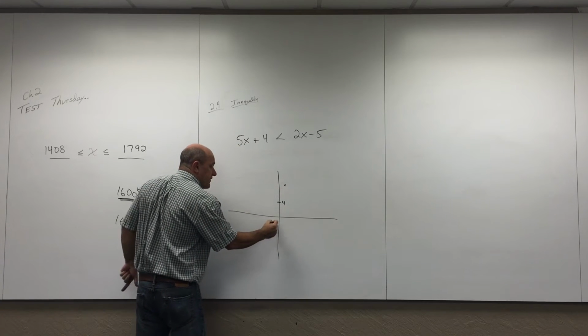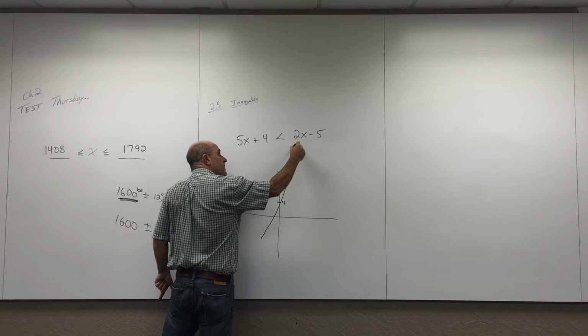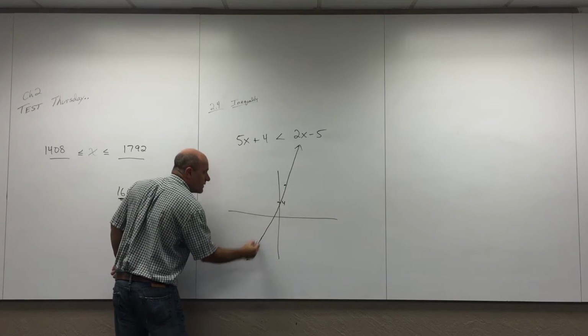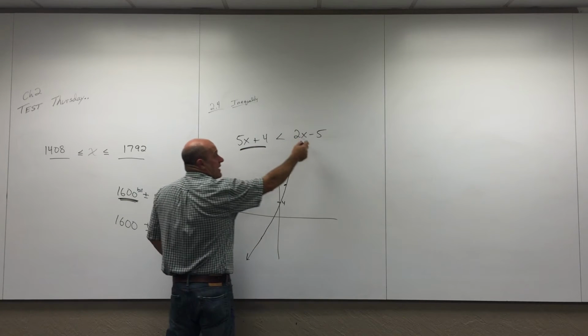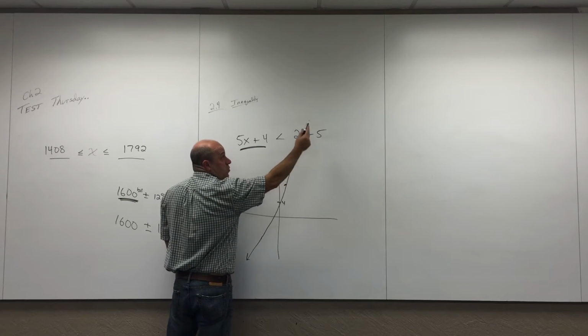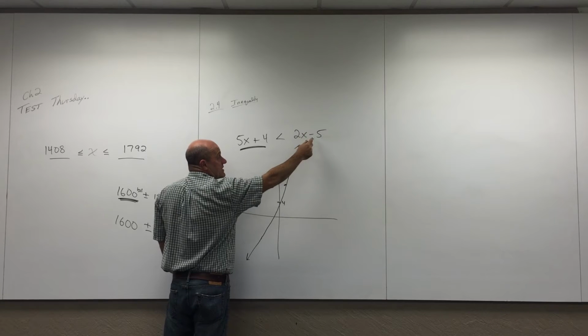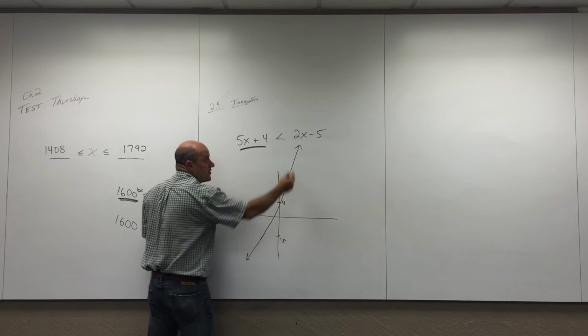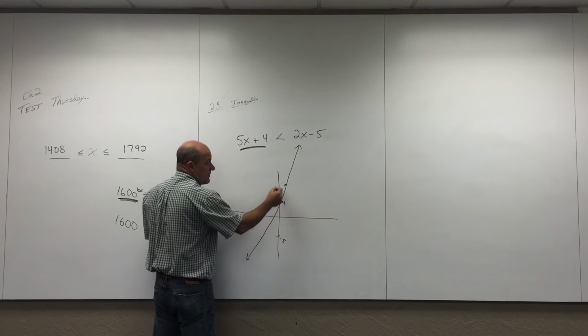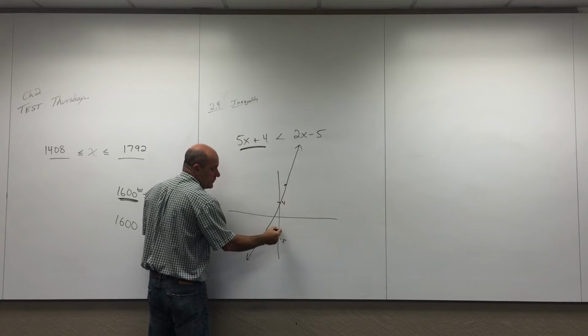So here's a picture of that line. What about this line? If you thought of it as y equals, this line has a y-intercept of -5 and a slope of 2. This one was up 5 over 1. This one's up 2 over 1.